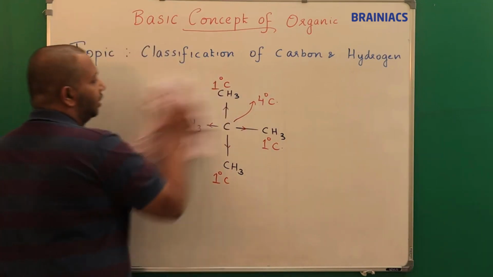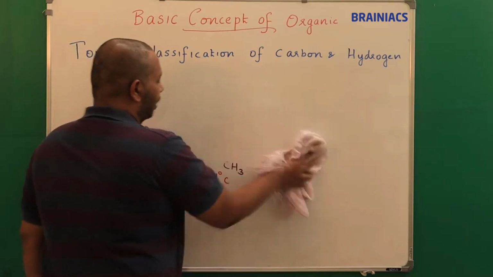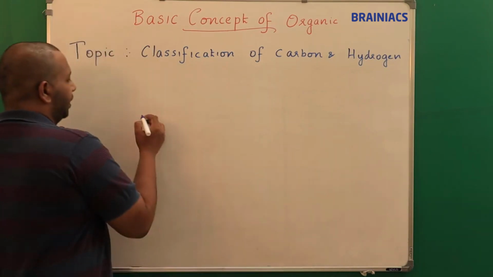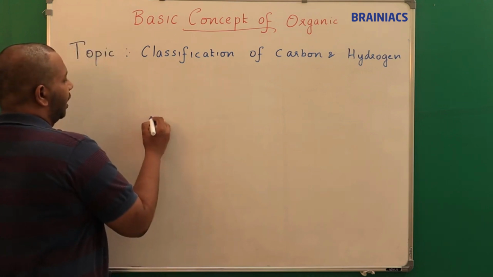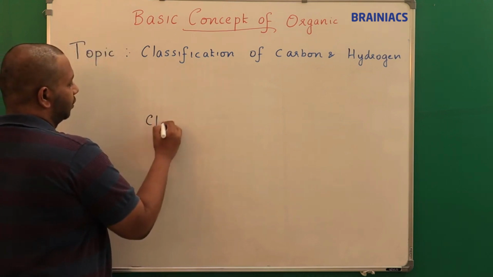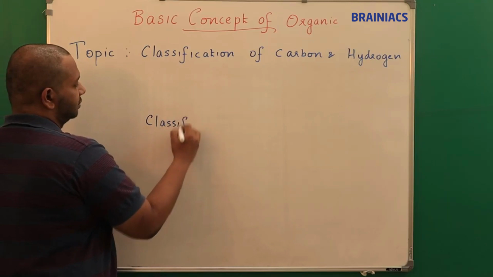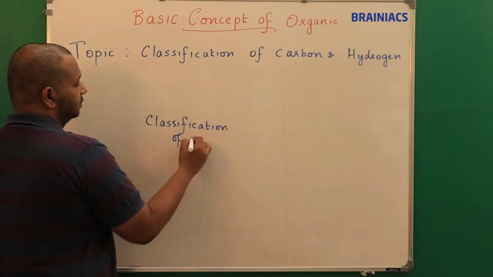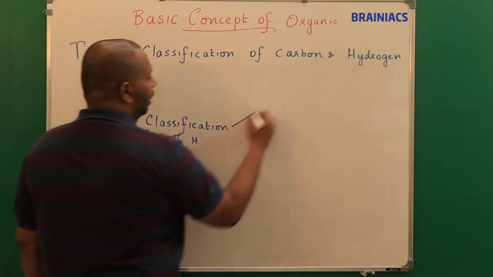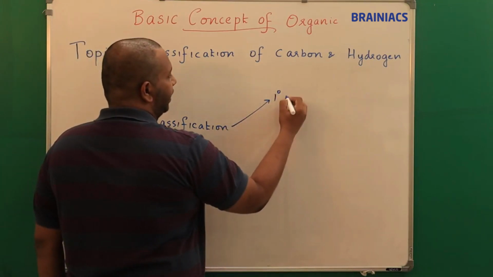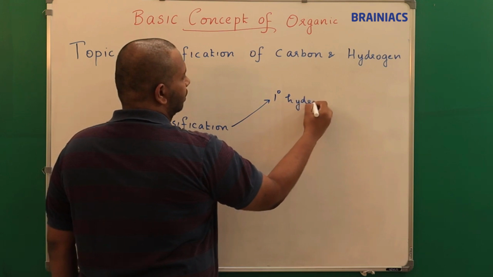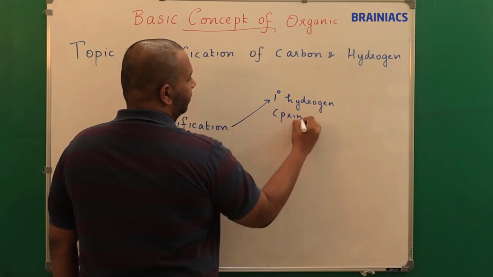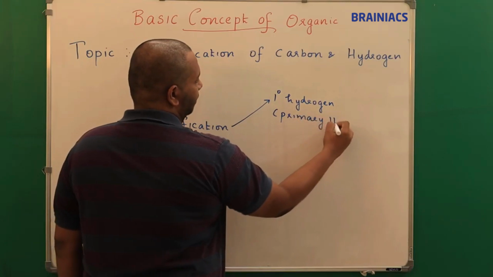Now let's see what is the classification of hydrogen. Okay, so until now we have seen the classification of carbon. Now let's see the classification of hydrogen. So hydrogen is also classified into 1 degree hydrogen, which is also called primary hydrogen.